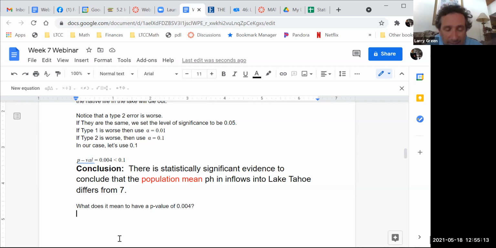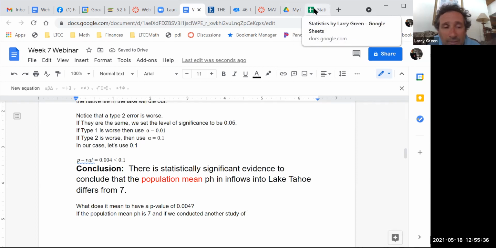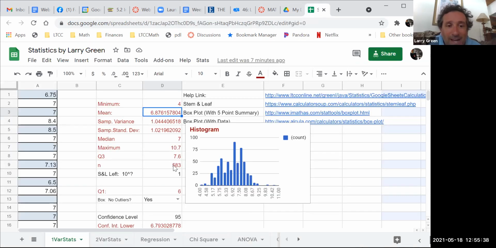Here's what we can do. We could say that if the population mean pH is 7, and if we conducted another study of, and now I need to check because I don't remember exactly, but it says somewhere 583. It's a lot of samples, by the way. Again, this is many years with many, many people volunteering.